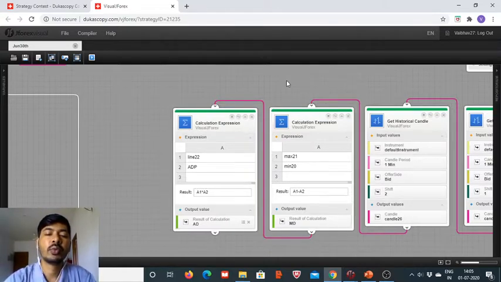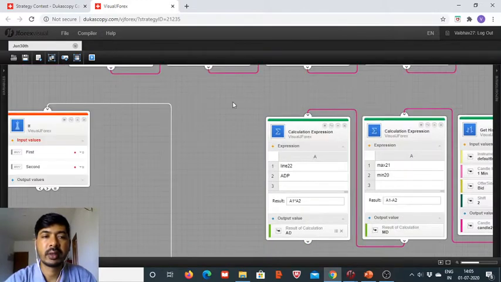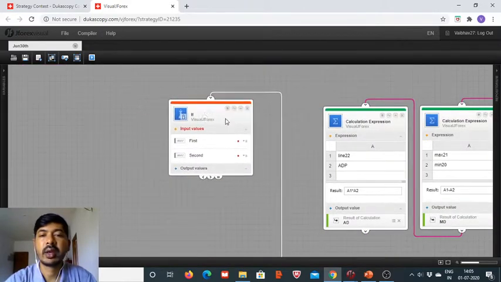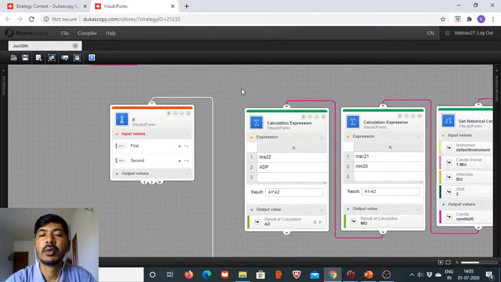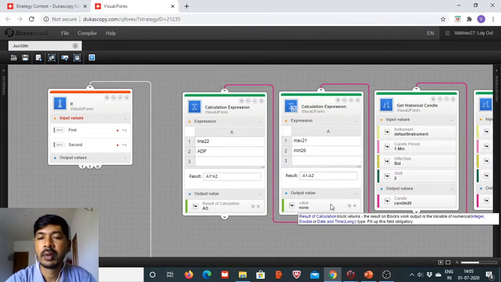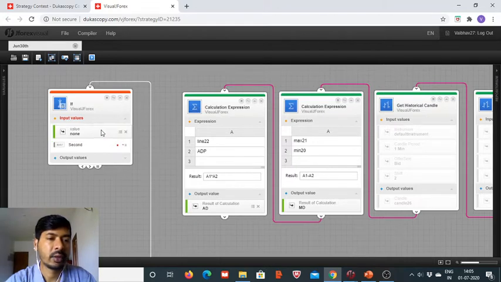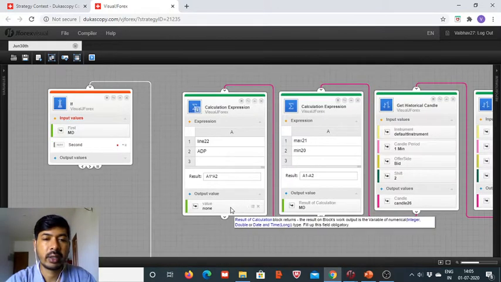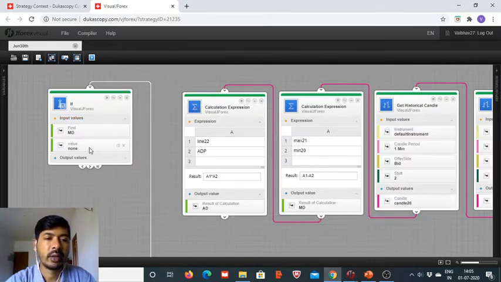So these two conditions are now in place, and we can do the comparison. We want min max difference, the MD, should be greater than the ATR difference.